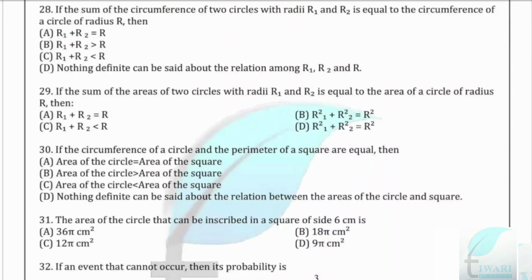Question 28. The sum of the circumference of two circles with radii r1 and r2. The formula for circumference is 2 pi r.